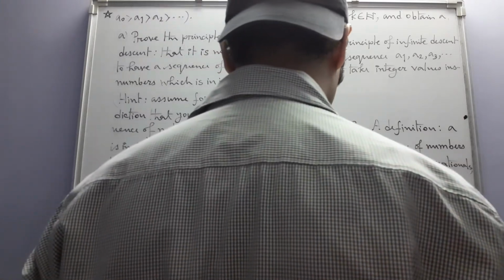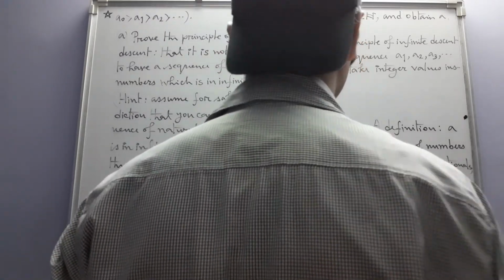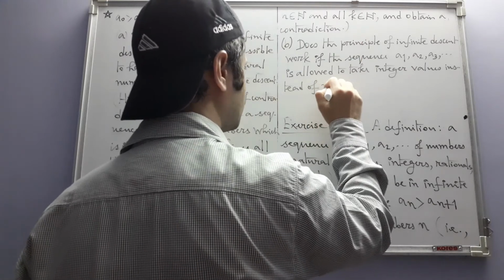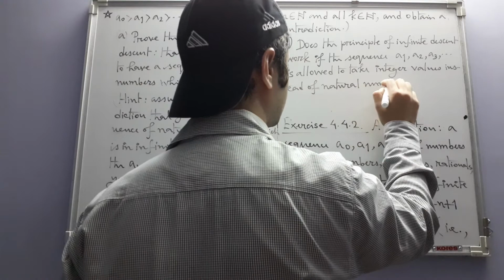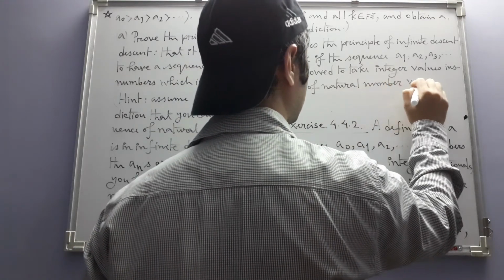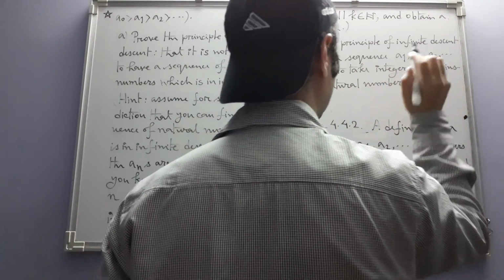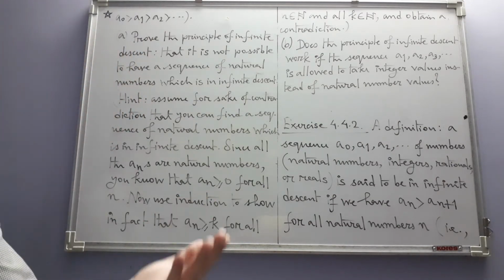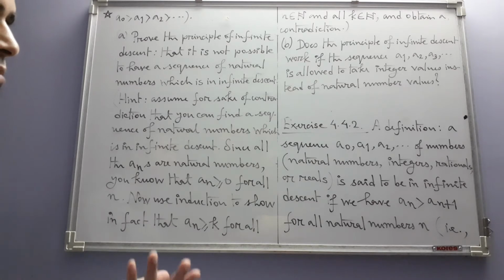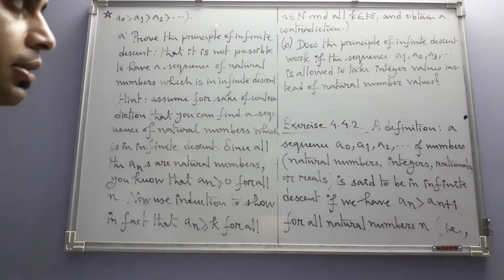Instead of natural numbers. In that case also, that is, if we consider a sequence where the terms are integers, then can we have a sequence which is in infinite descent?